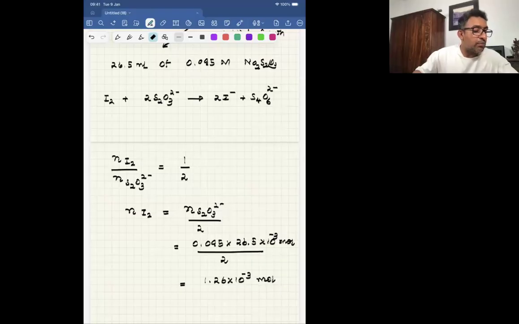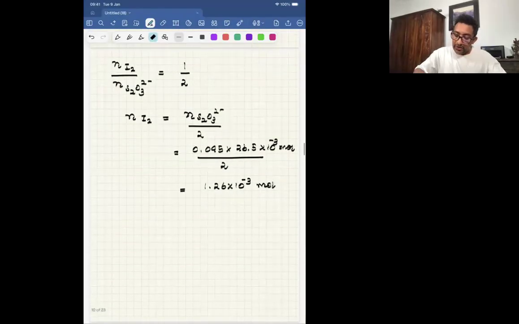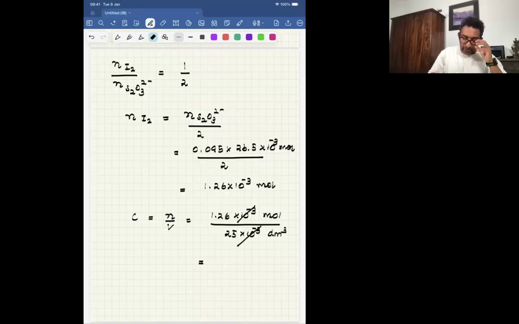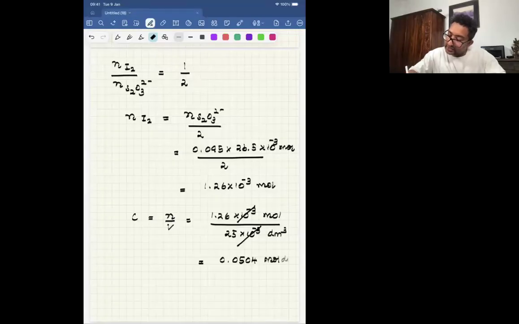What do they ask? What is the molarity of the iodine solution? So what is the concentration? Concentration is equal to number of moles divided by volume. 1.26 times 10 to the power minus 3 moles divided by the volume, which is 25 times 10 to the power minus 3 cubic decimeters. 1.26 divided by 25 gives 0.0504 moles per cubic decimeter.